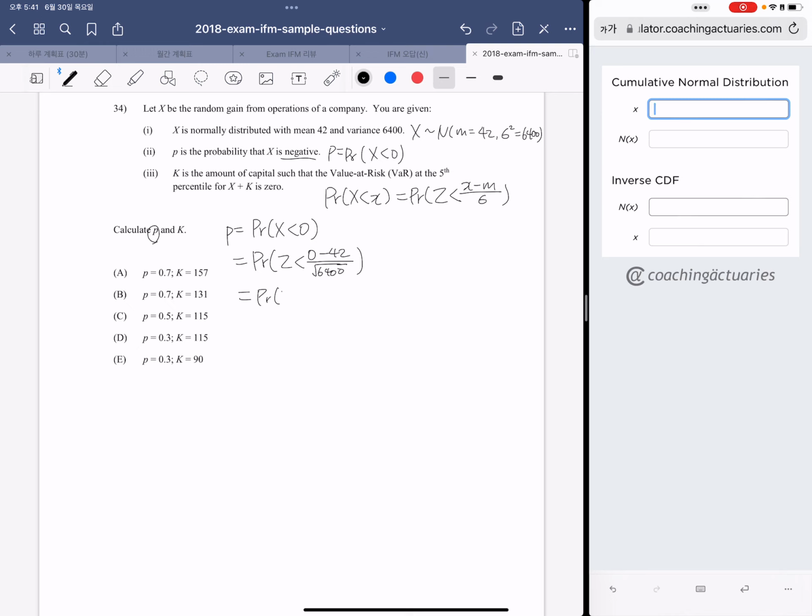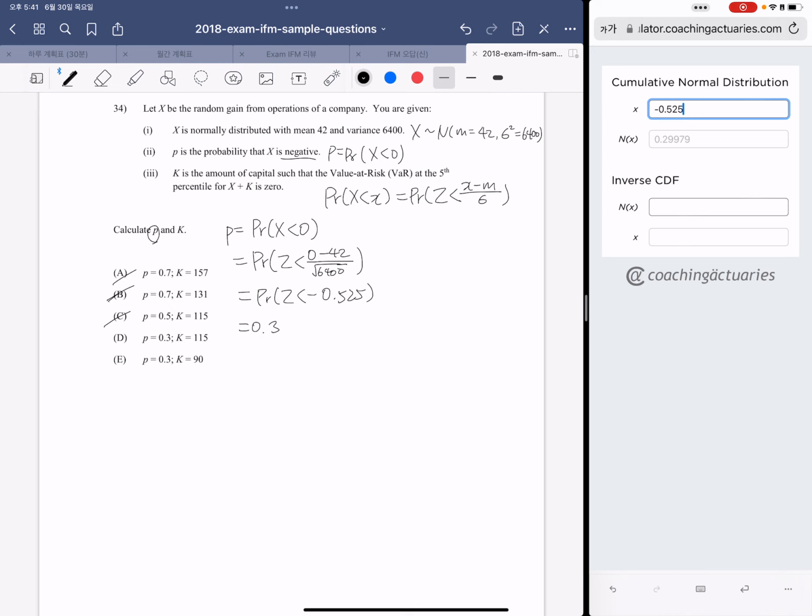So the probability of Z being less than negative 0.525, and using the normal calculator, we get 0.3. So P is 0.3, so we can cross out A, B, and C.